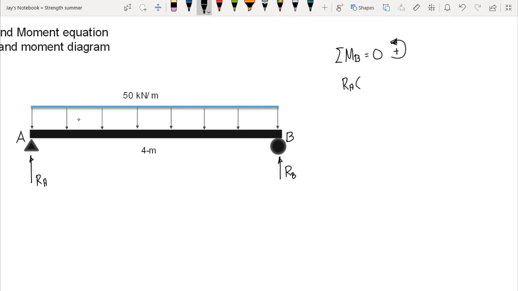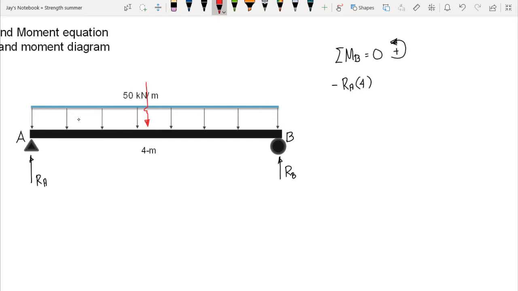The moment arm is 4 meters, that's the distance from B to A, and since RA rotates clockwise, then we have negative rotation. Now our uniformly distributed load here is represented by a resultant force, and that resultant force is acting at the midspan of its length of action.